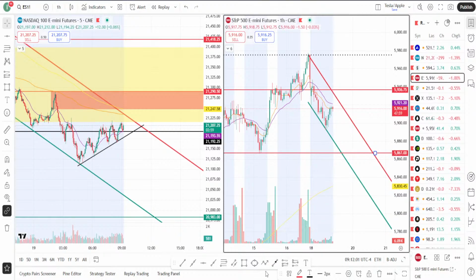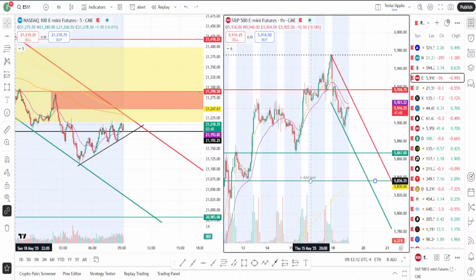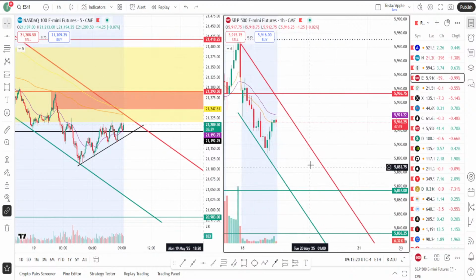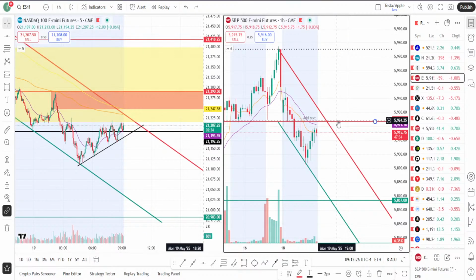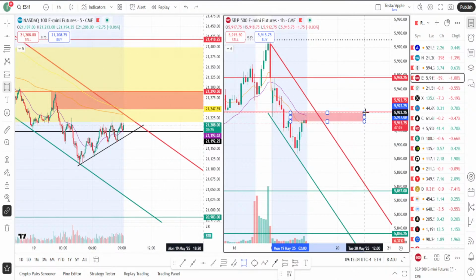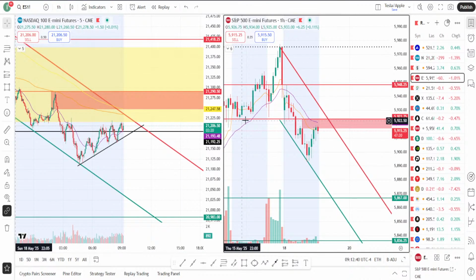Let's go ahead and mark this as support. And let's go ahead and mark up our resistance in here and here, areas of supply. There you have it, the chart's done.